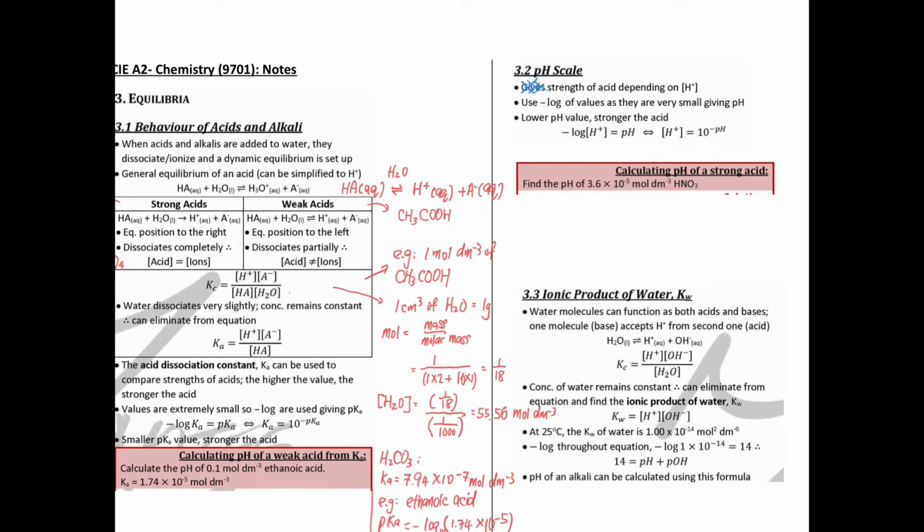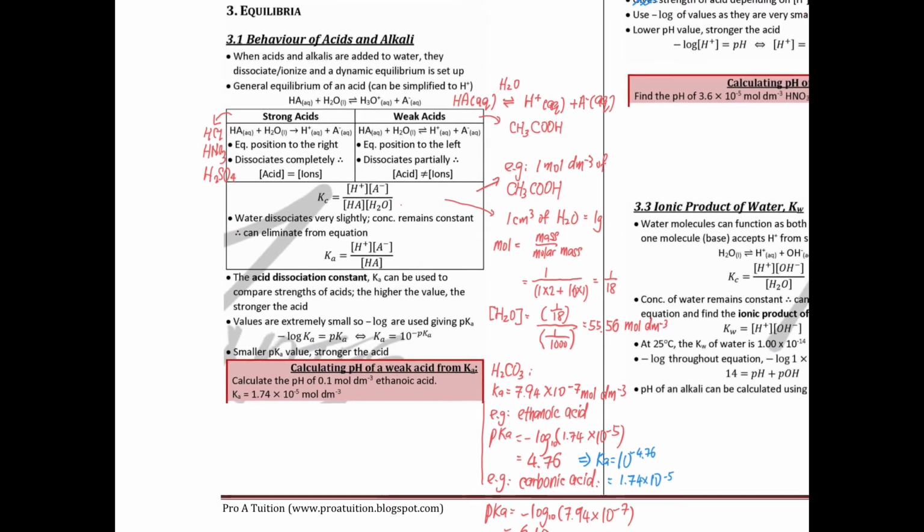Similar with this one, if you want to find Ka, you do 10 to the power of negative pKa. And this one, 10 to the power of negative pH. Similar concept, a similar formula. But never assume that they are the same in values. Okay. Now let's come back to this question.